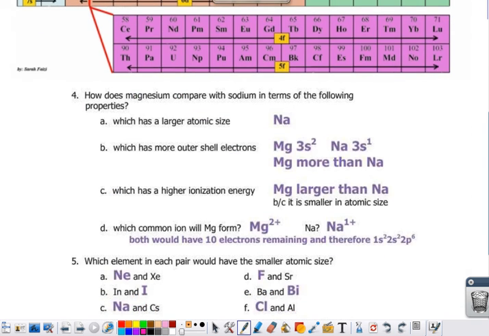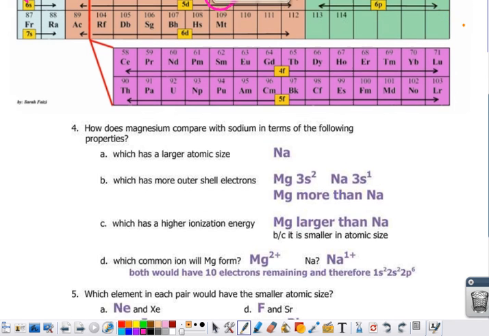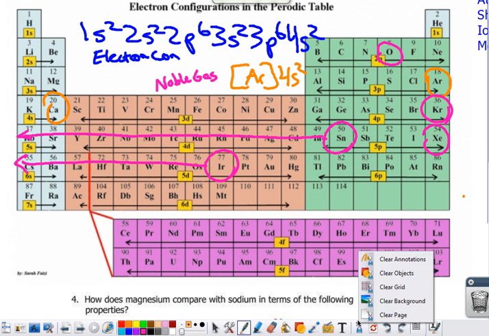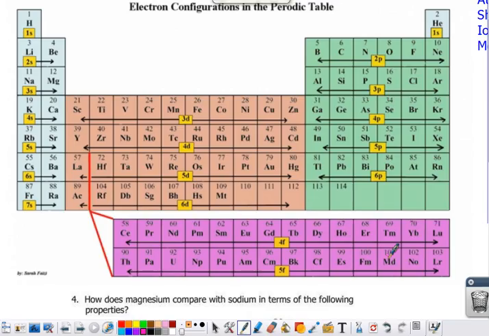Number 4, how does magnesium compare with sodium in terms of the following properties? So which element has a larger atomic size? Magnesium versus sodium. They both have the same shielding, equal shielding, but magnesium has more protons.